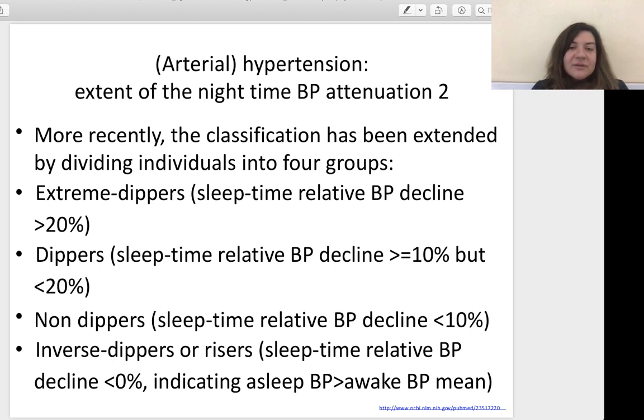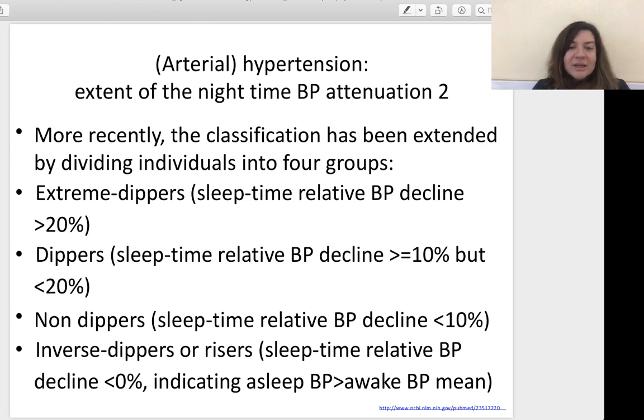More recently, the classification has been extended by dividing individuals into 4 groups, again based on the relation between mid-day and mid-night blood pressure. First type, extreme dippers, when sleep time relative blood pressure decline is more than 20%. Another type, dippers, the normal variant, when the decline is more than 10% but less than 20%.